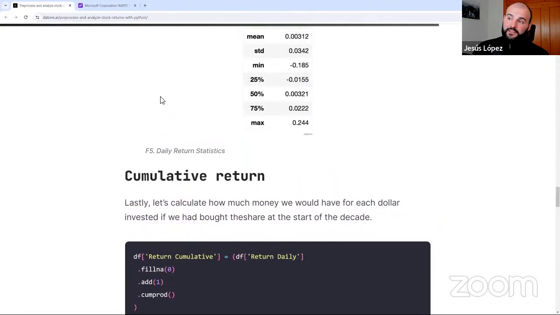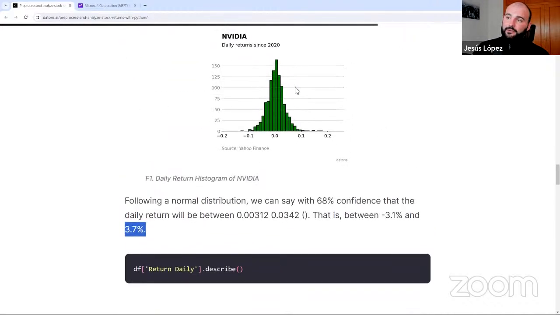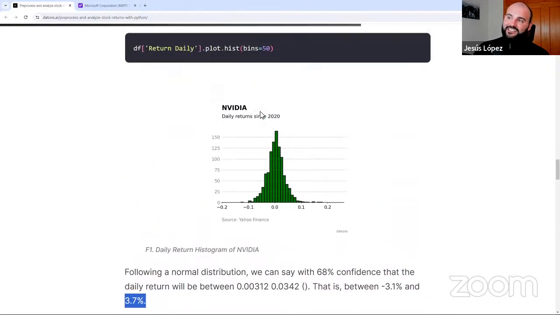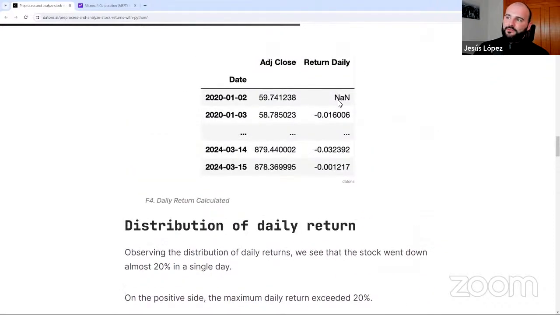Cumulative return. This is, instead of having the percentage change for each day, which is what we have here, let's say if we reinvest in the stock every day, which is the cumulative return we would have had today.